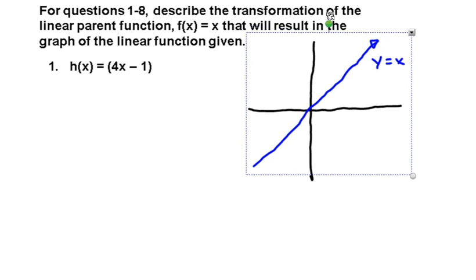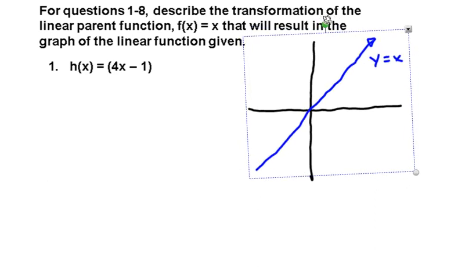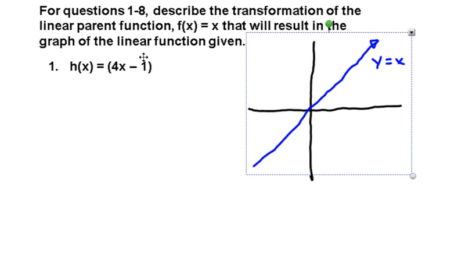So let's take this one right here, h of x equals 4x minus 1. So we're changing the slope of this line from 1 of the original parent function to 4.